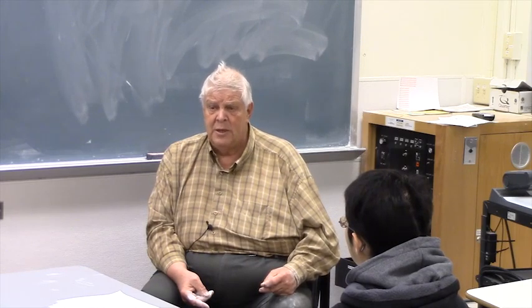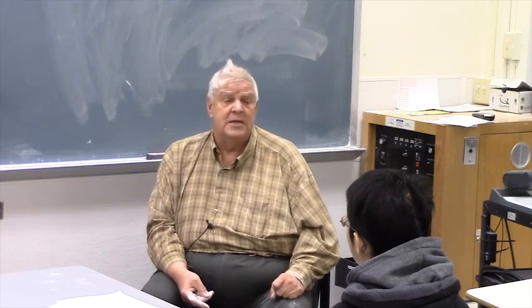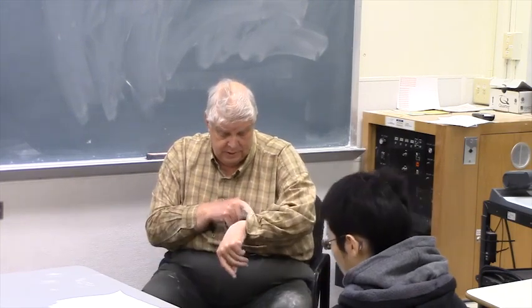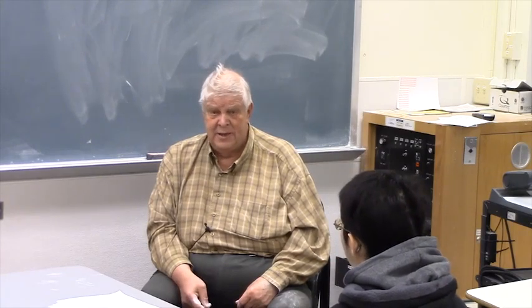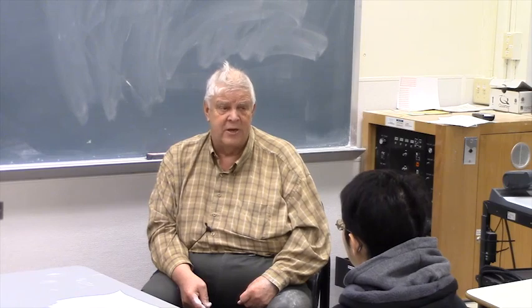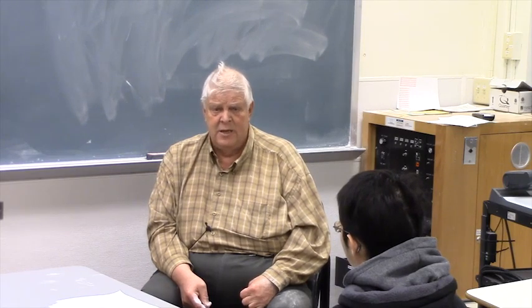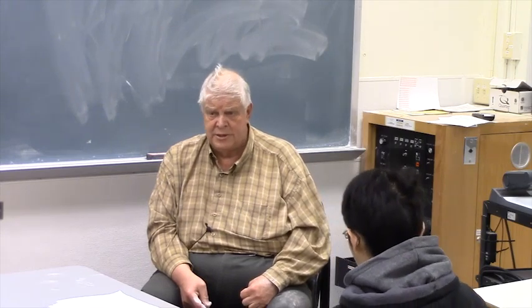So now I want to turn to the next subject. The next section in my notes is called tangent vectors and vector fields. So this is what I'm going to consider now.